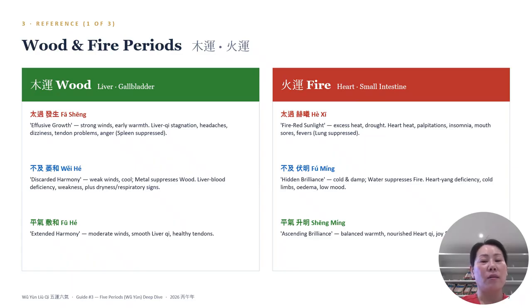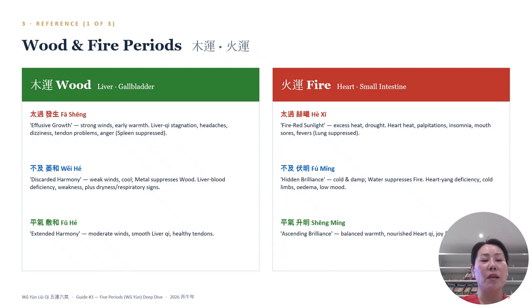On the right, the fire period, governing the heart and small intestine. In excess, He Ming, bright sunlight: too much heat, drought, scorching summers. In the body, heat, palpitations, insomnia, mouth sores and fevers, with the lungs suppressed.